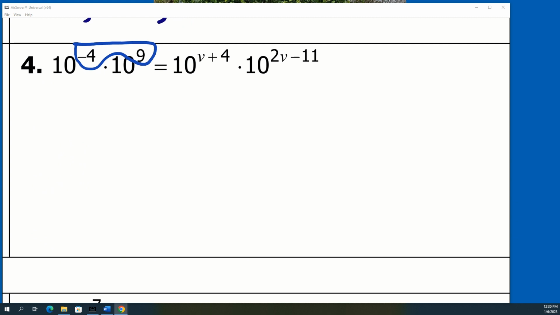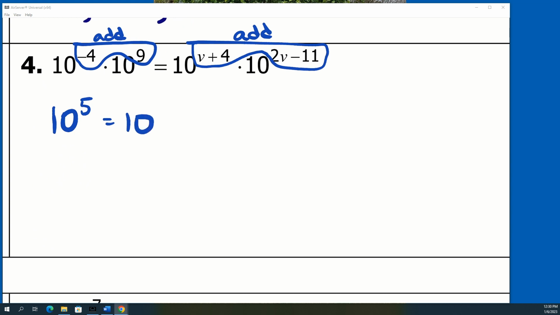Okay, so this one is similar, except I'm going to have to add twice. That's going to be 10. And then I'm going to add negative 4 and 9 and get 5. And then the other side still has the 10. I'm going to add v and 2v, and then 4 and negative 11.